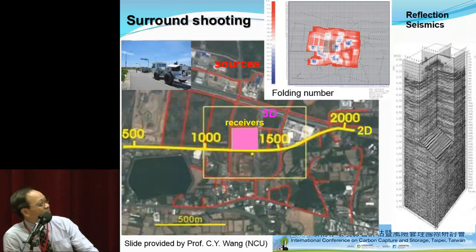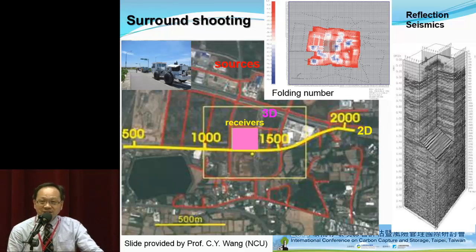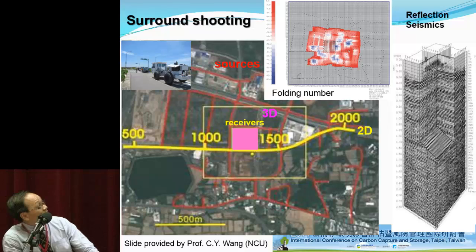For example, this has been carried out by my colleague, Professor Wang. They can conduct a 3D seismic survey. Industrial commercial 3D is very expensive, but for our poor man's 3D, it's very cheap because we are poor. Professor Wang can conduct 3D seismic using his vibroseis, this one.